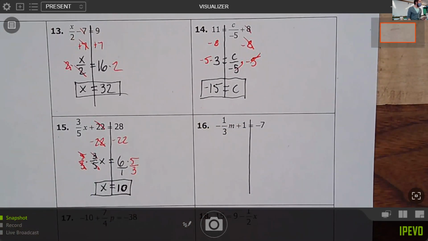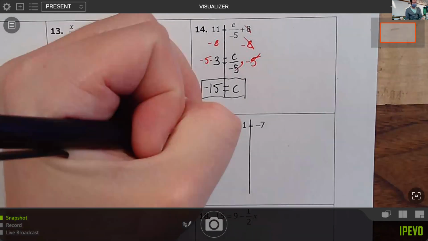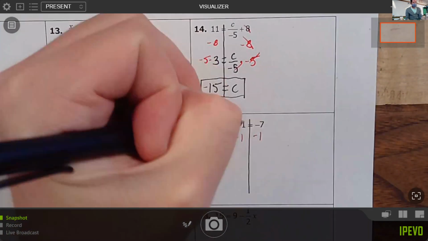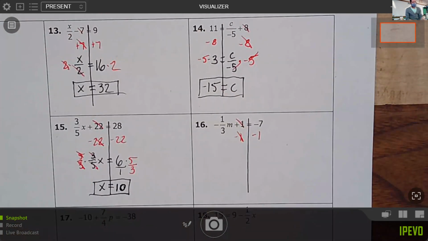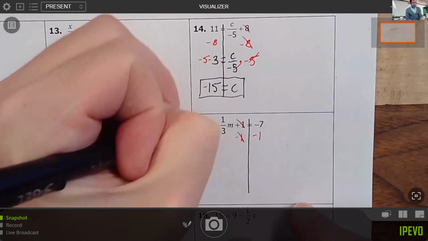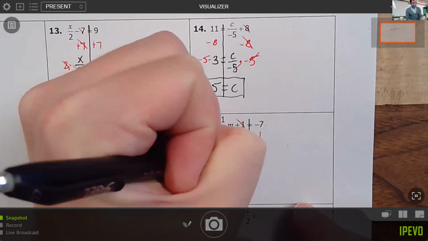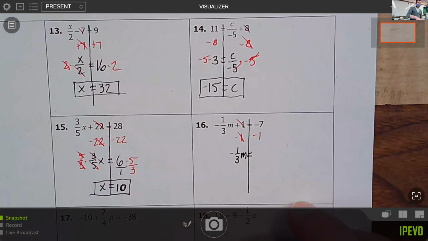What's the first thing that needs to happen? What is it? Subtract 1. We still have negative 1/3 times m. Over here, be careful.